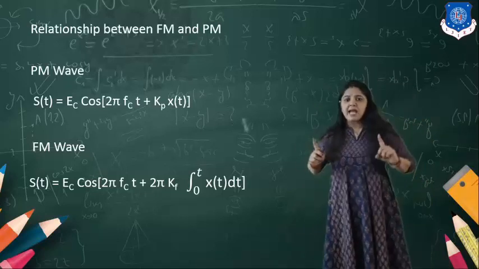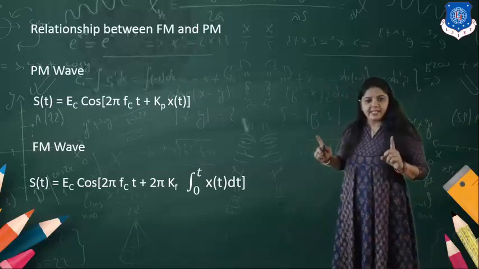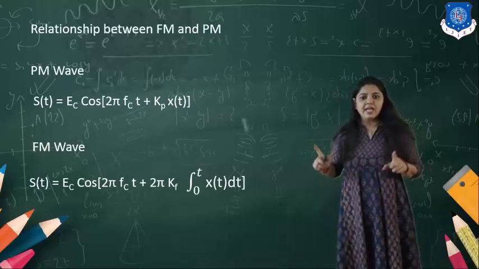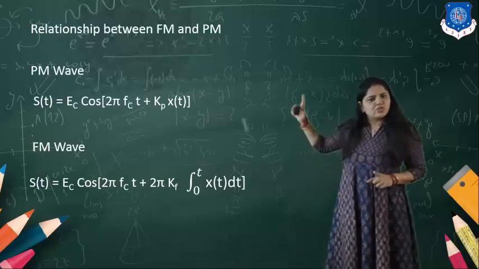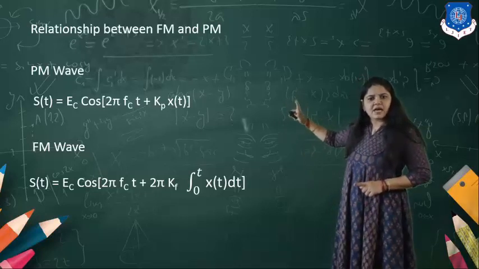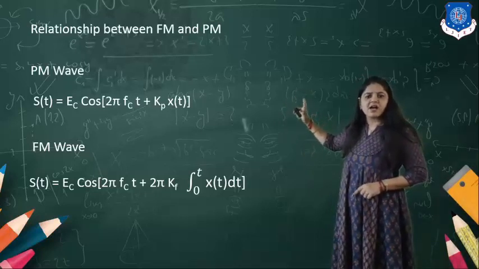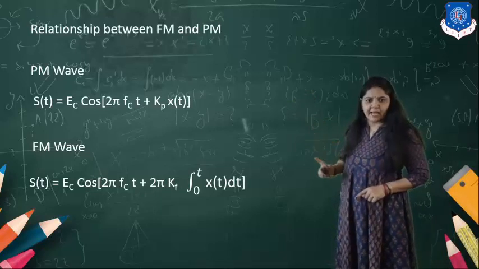By varying the amplitude of the modulating signal, we are able to vary the frequency of the wave. This is the relation between the FM and the PM.